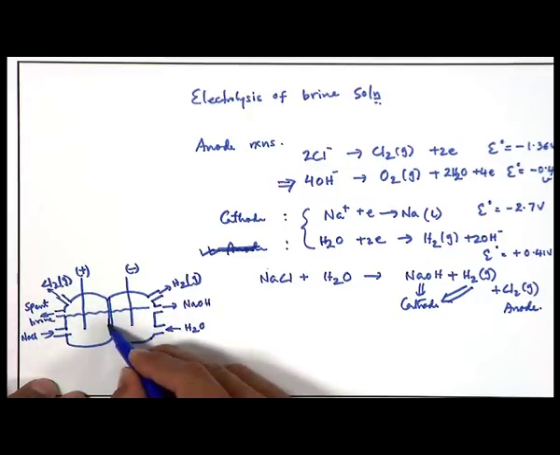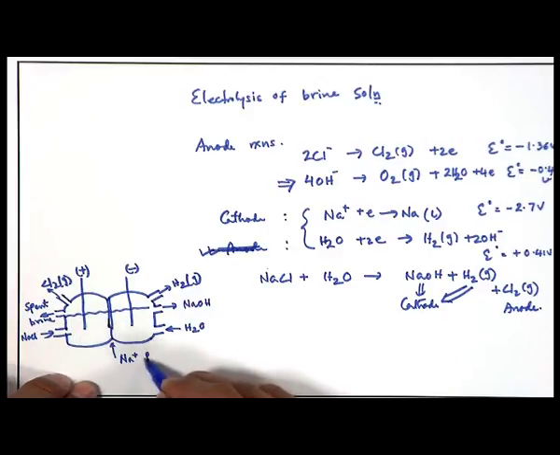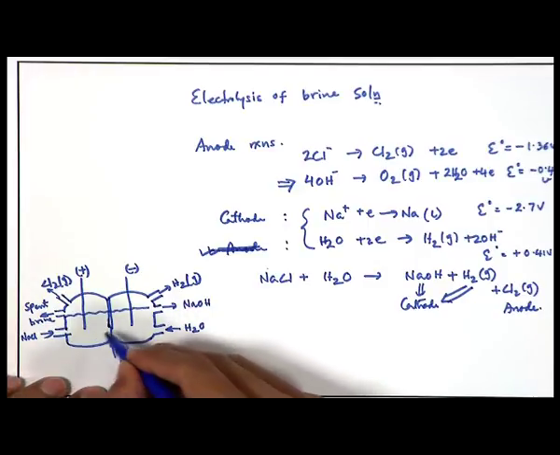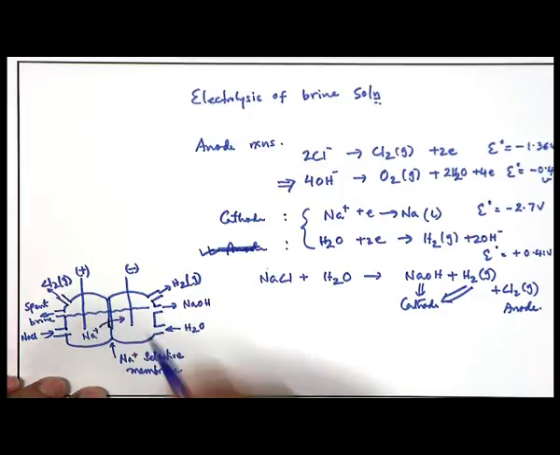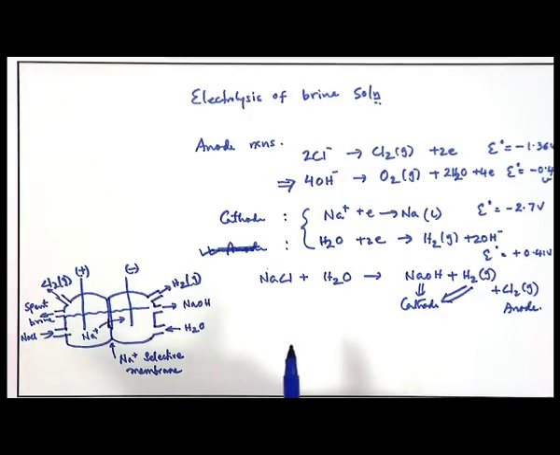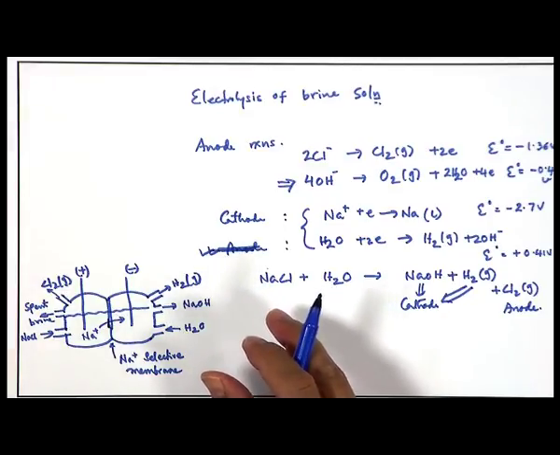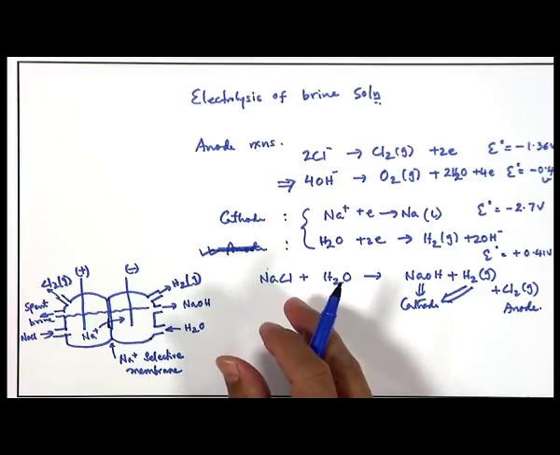So, this is a sodium ion selective membrane, Na plus selective membrane, and Na plus will move in this direction. So, this is precisely what is happening when electrolysis is carried out on the brine solution.